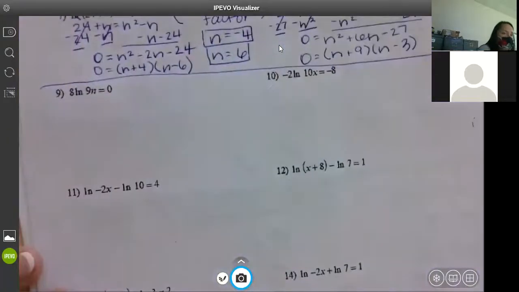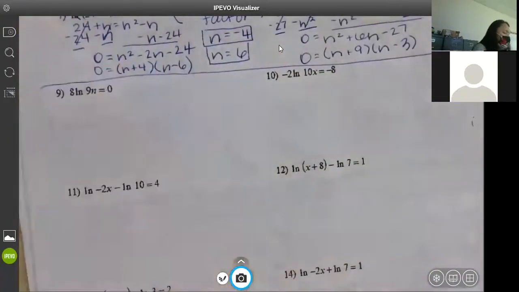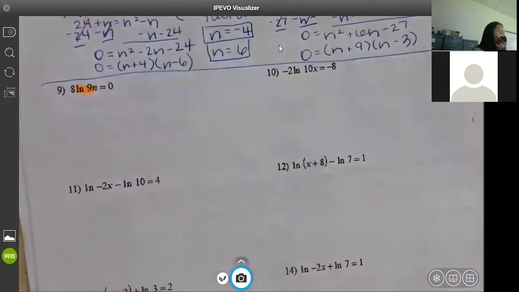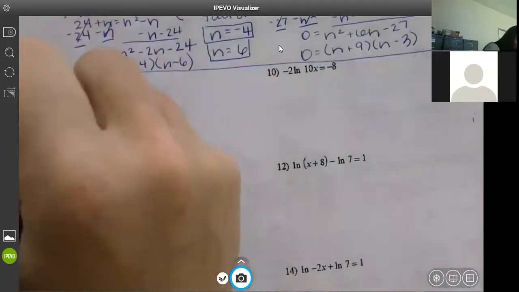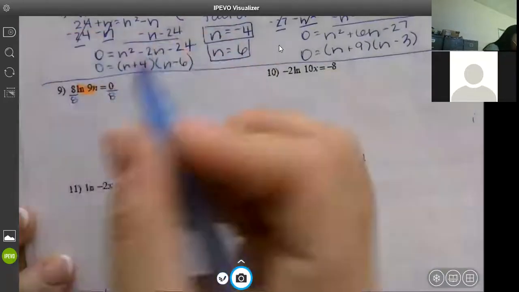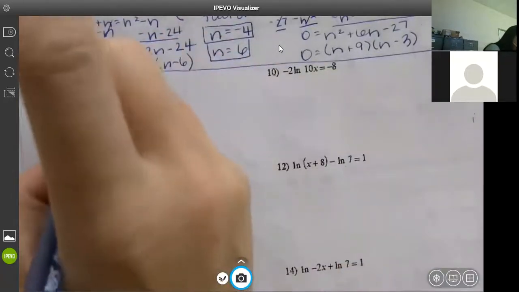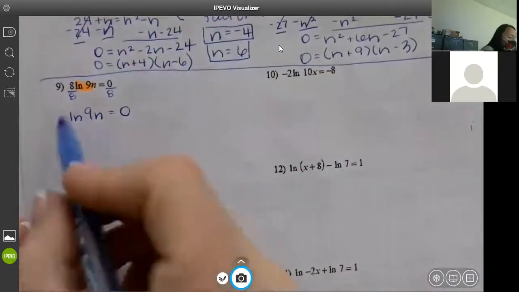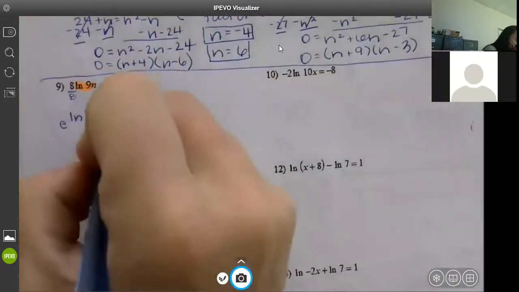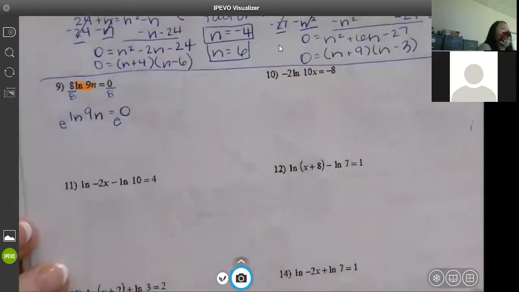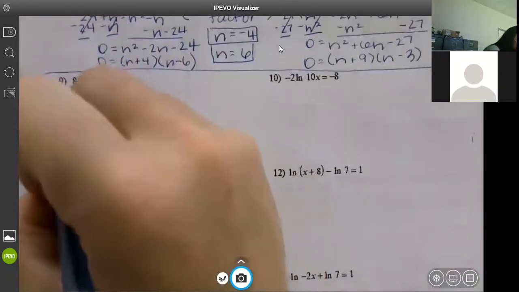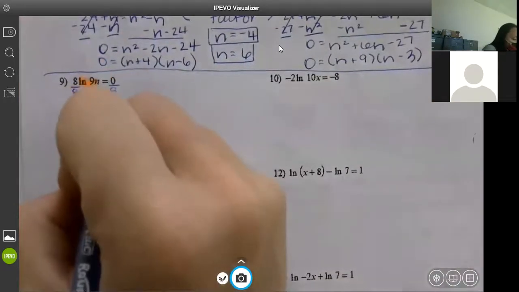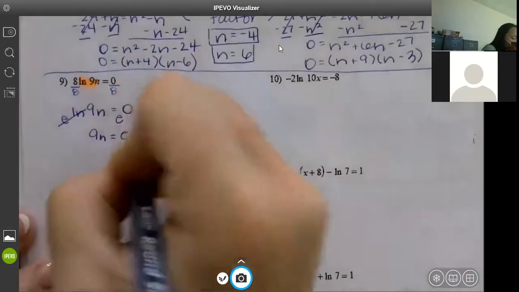So with this very first one, we got to get this ln alone. And the way we're going to do that is to divide by 8. We get ln 9n equals 0. To get rid of ln, we're going to e both sides. That way, ln and e will cancel out, and you have just a regular equation, e to the 0.